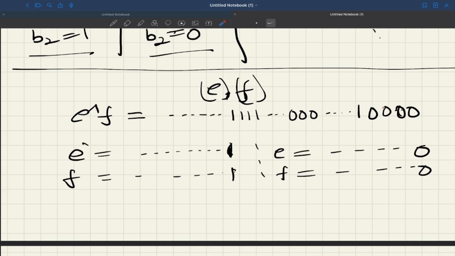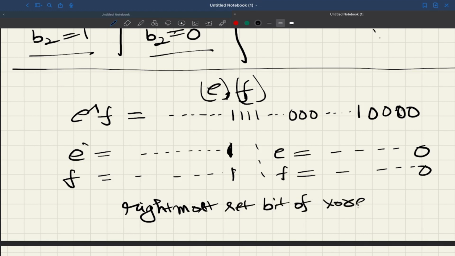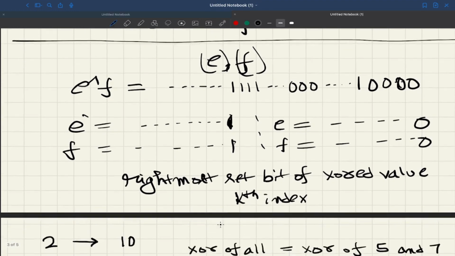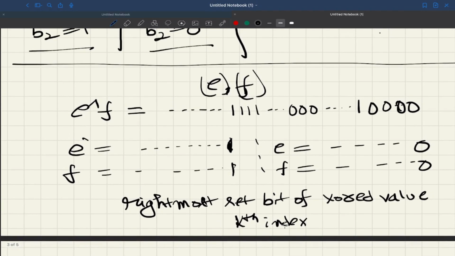So what I will do is find the rightmost set bit of the XOR value, and let's say the rightmost set bit of the XOR value is at the kth index.